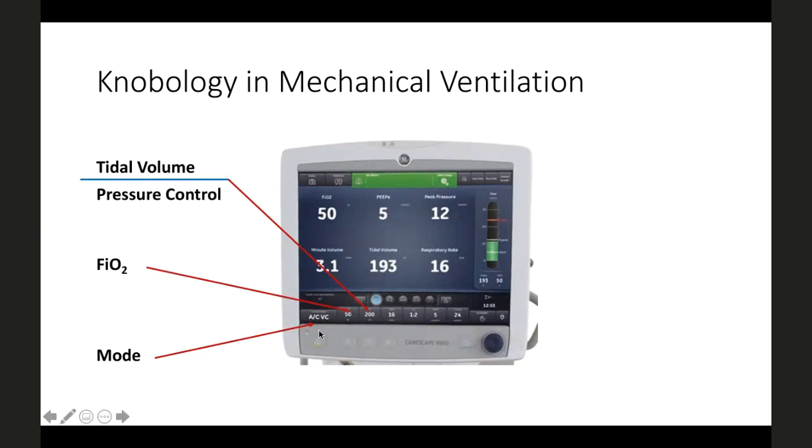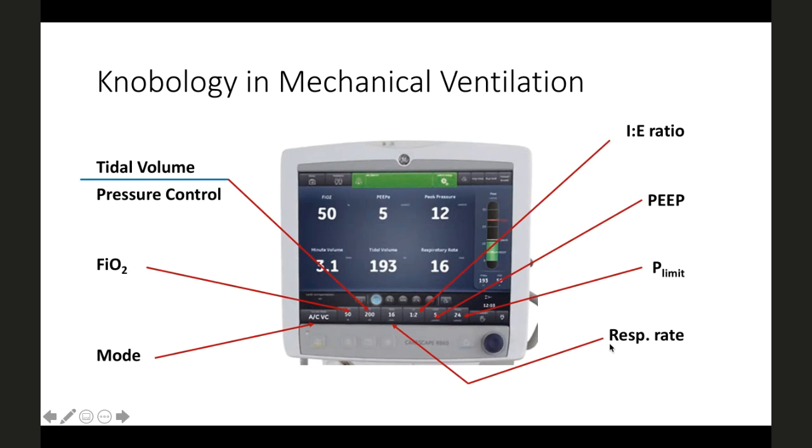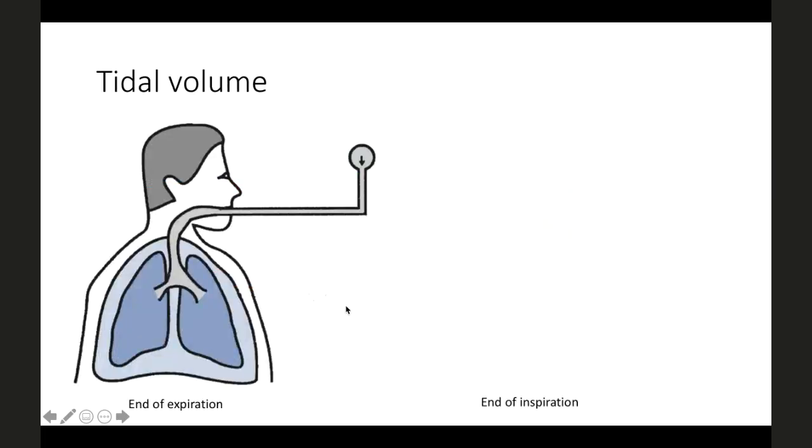Of course, there will be something called mode, FiO2, tidal volume or pressure control. The other values will be respiratory rate. There will be an IE ratio, what is called PEEP, pressure limit. So we'll go slow, one by one. We'll try to be familiar with each of them, what the knobology means.